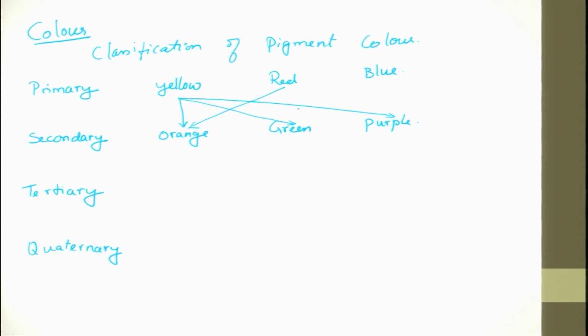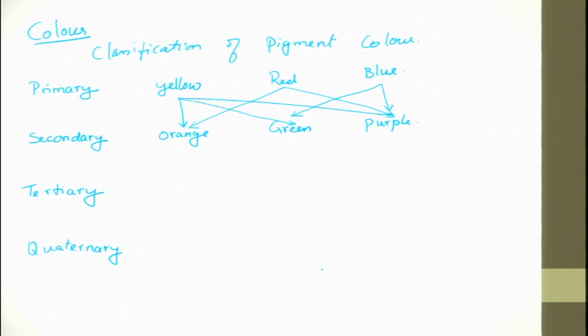Then blue is also added to it to get a purple. In the same way, you also have blue getting mixed with yellow to form a green. So, you look at it, how interesting it is. You had three basic colors. Now, I mixed yellow with red, I got an orange. I mixed yellow with blue, I got a green. And I mixed red with blue and yellow, I got purple.